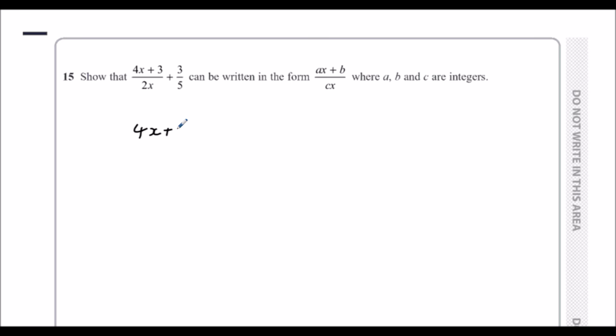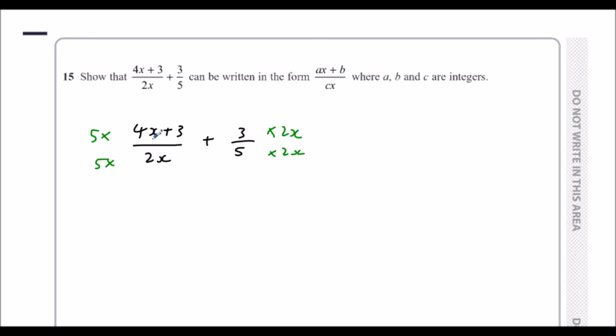So we need to make the denominators the same. We can do that by timesing the top and bottom of our left fraction by 5, and top and bottom of the right fraction by 2x. That will make both denominators 10x.